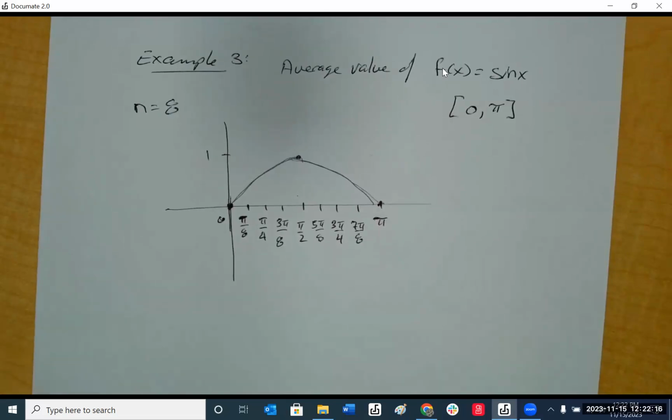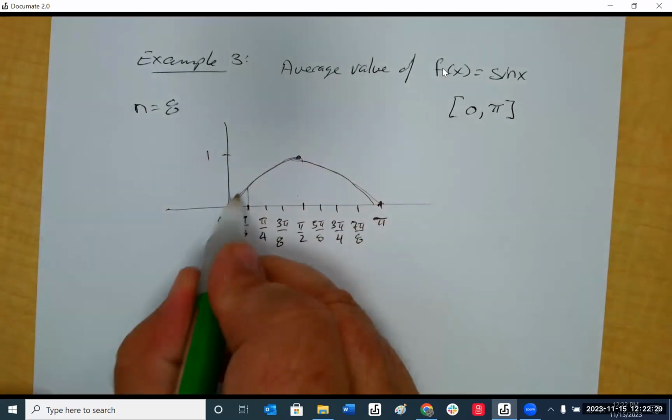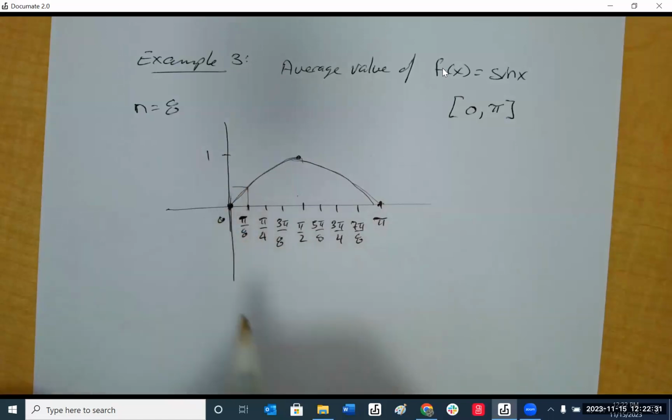We're back to that question. Do we use left end or right end? Upper sum or lower sum? So this one, let's just go here. So we could pick this whole thing here, because if we pick the first one, it's gone.